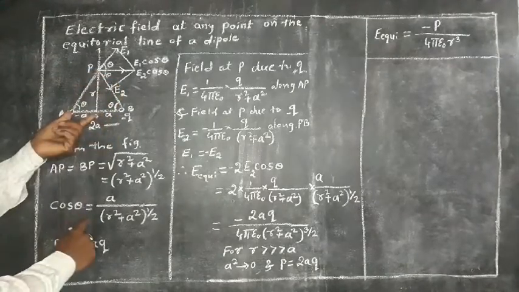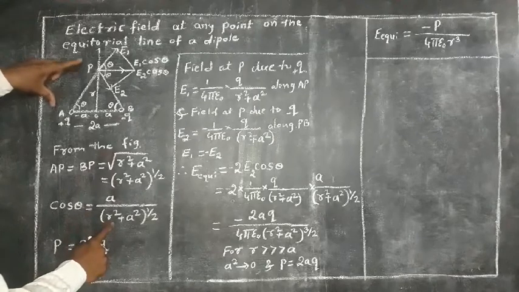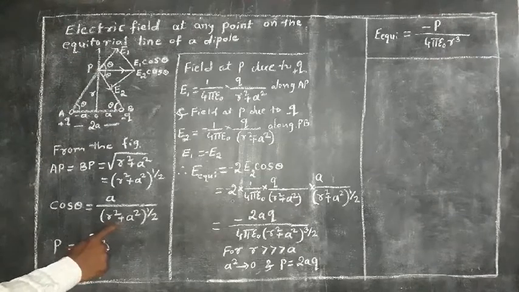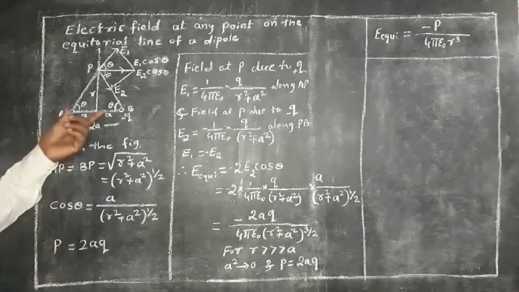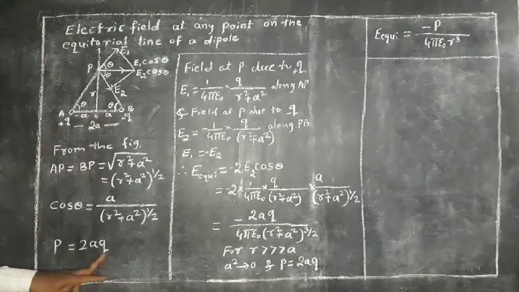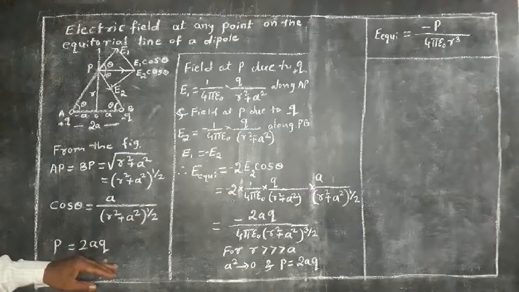That is, cos theta equals a upon the hypotenuse AP or BP, which is (r square plus a square) raised to 1 by 2. Also, the dipole moment is defined as the product of either of the charges and the dipole length, hence p equals 2aq.